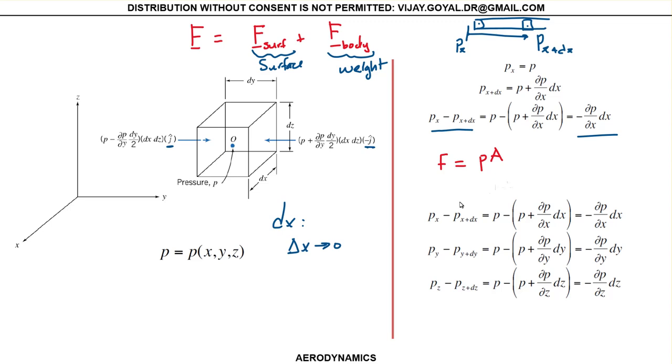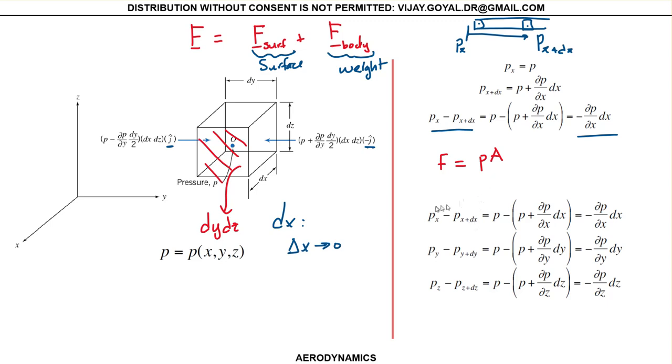Okay, so if I am acting, let's say, on this face, the x face, right? This is the x face. Would you agree that the area is dy dz? Dy dz, that's the area on this space.